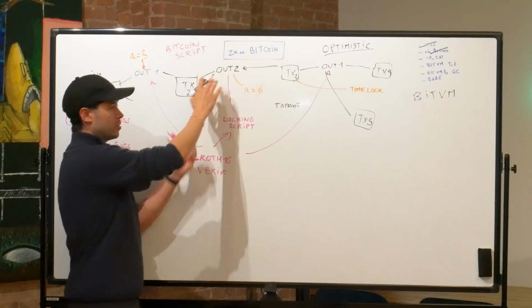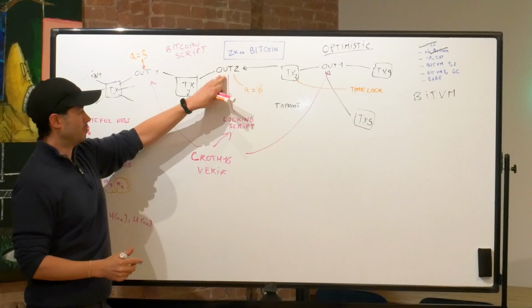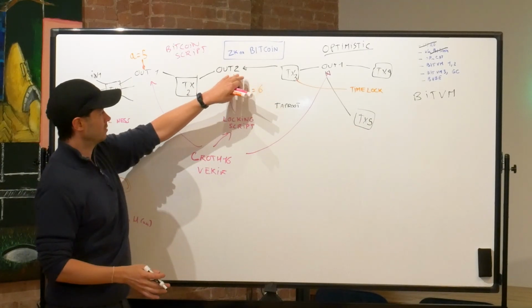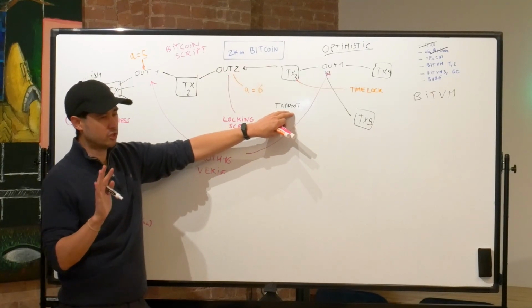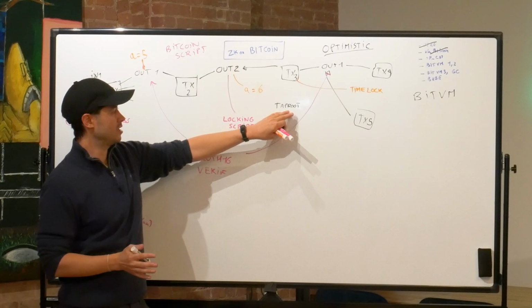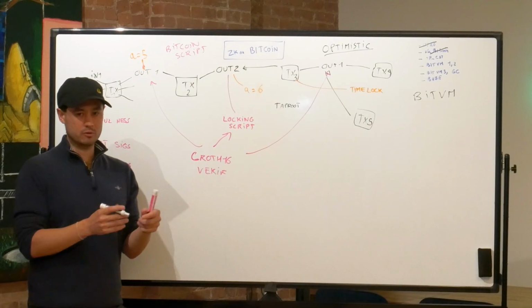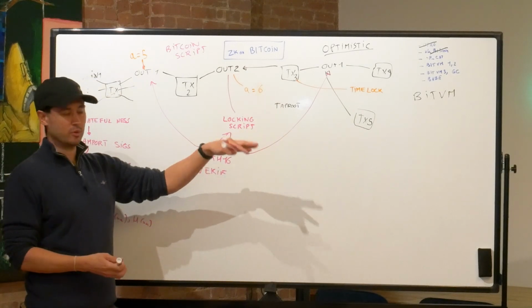If you want to have plenty of different scripts that you could potentially spend this UTXO with, there's this newish thing in Bitcoin, I guess it's not new anymore, called Taproot, where you can have many of them and choose which one you want to use. Underneath the surface there are Merkle trees and stuff like that, but it's not very important.